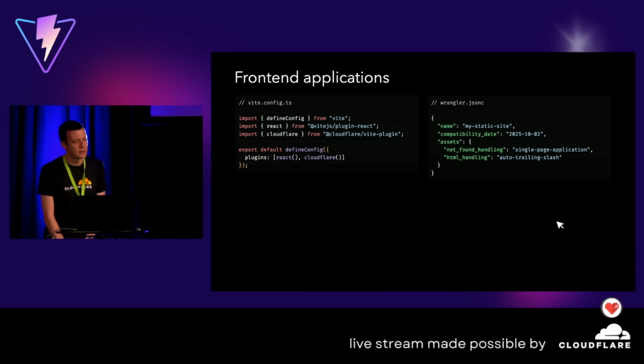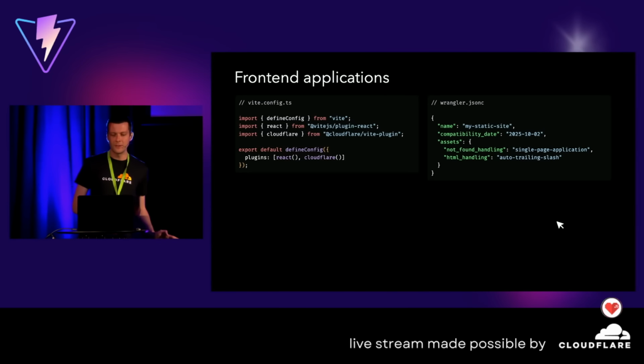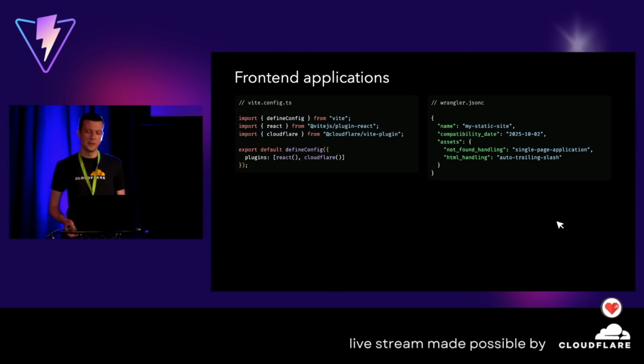So the other side of the coin is client-side applications, so front-end only. This doesn't really utilize the Environment API in the same way, but because you've got the Cloudflare plugin there, you get the Cloudflare-specific asset handling, things behaving in dev just as they'll work when you deploy your application. So I've just got a front-end React app here, but you can see in my worker config file, I've defined some things for the assets configuration.